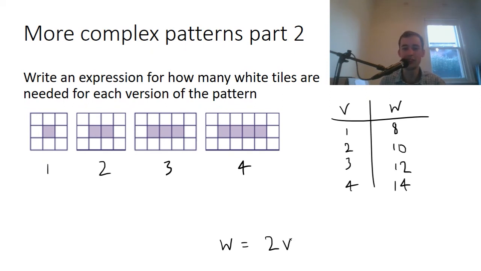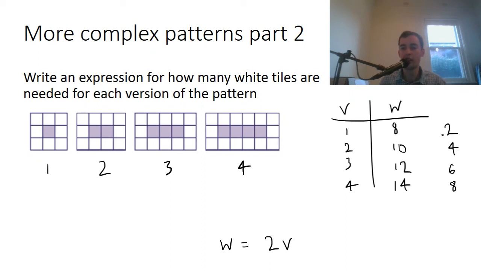But it's not, is it? Of course it's not. 2 times V, if V is 1, that's 2. So that doesn't work. 2 times V would be like this: 2, 4, 6, 8. So it goes up by 2 each time, but it's not. The real number of white tiles is 8 in this one, and it's 10 in this one. It's 12 in this one, and it's 14 in this one.